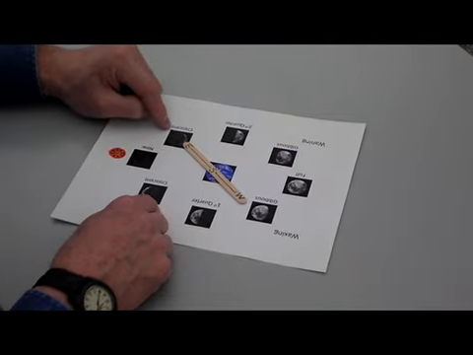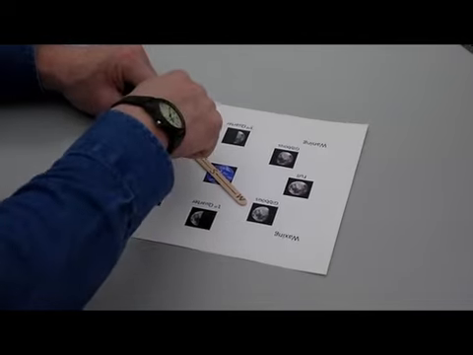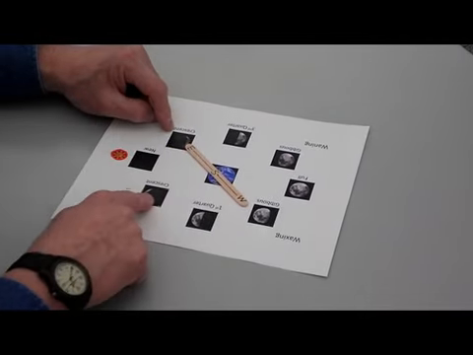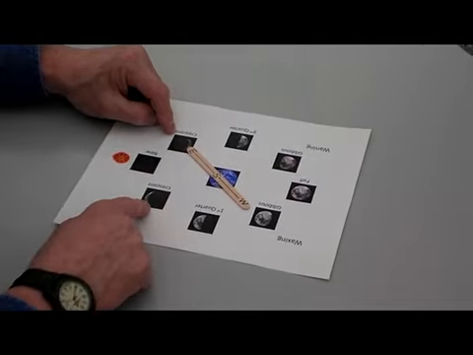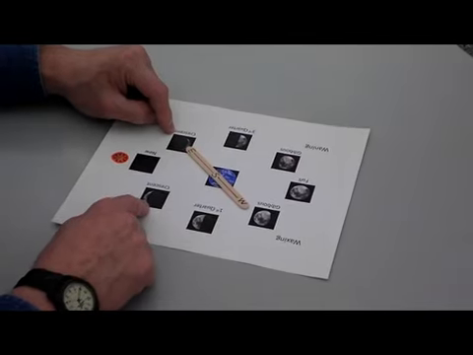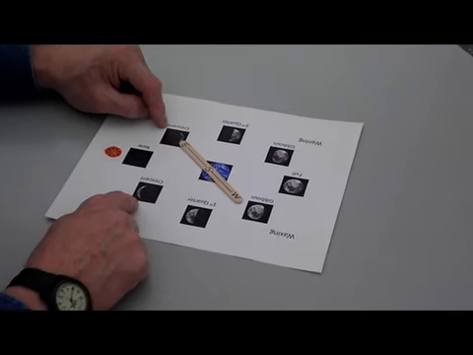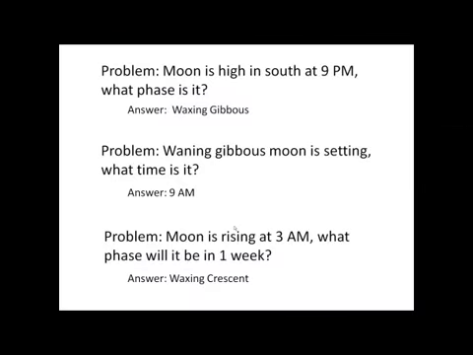So it's a waning crescent phase. And in 1 week, we go 2 phases of the moon for a week. We see that the phase in 1 week will be a waxing crescent. And again, here we see the answer is the waxing crescent.